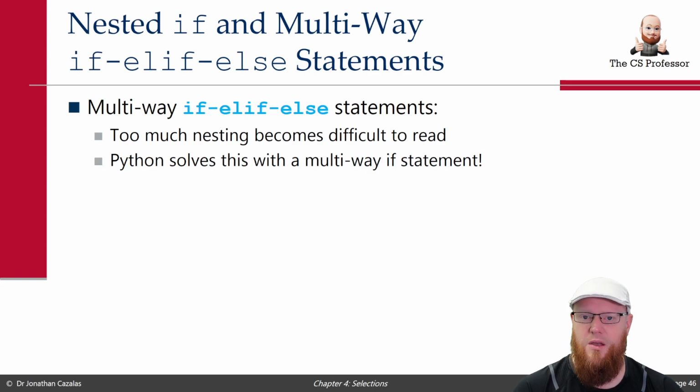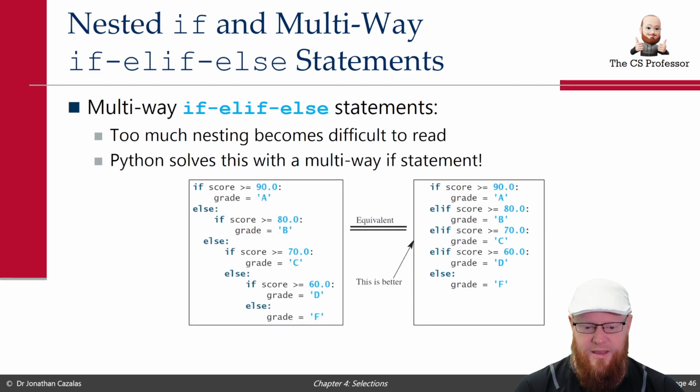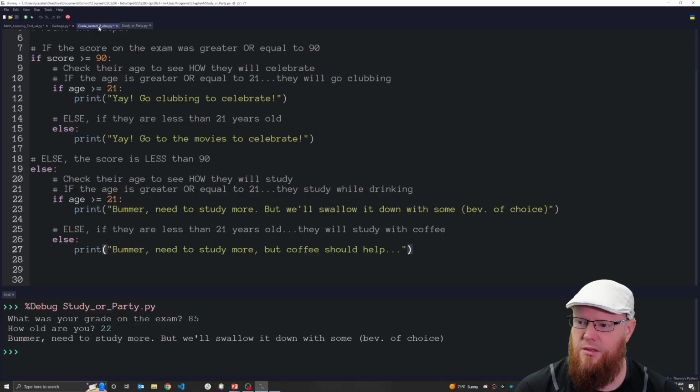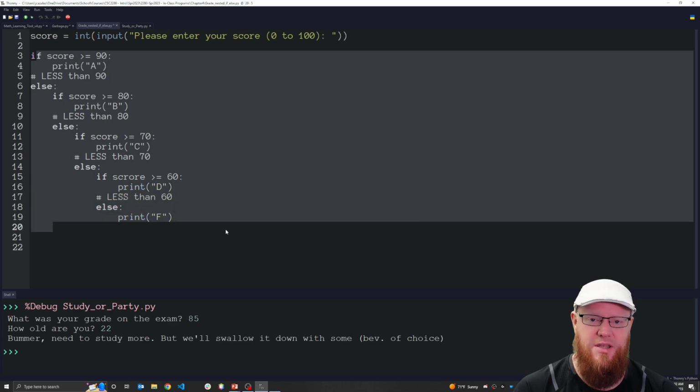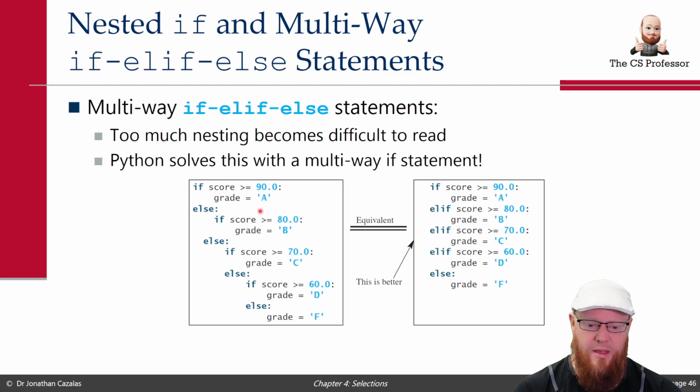So Python, as well as other languages, solve this with what is called a multi-way if statement. Consider that example that we typed up previously, this nested if-else statement to determine if you got an A, a B, a C, a D, or an F. And look at what Python allows you to do. These are equivalent. These are both valid syntax within Python.